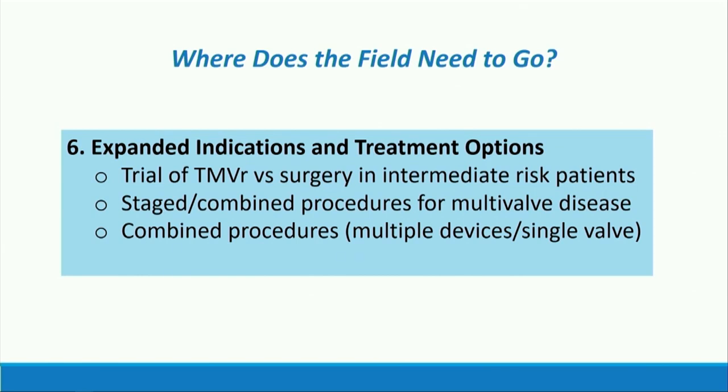So in other words, TAVR for aortic stenosis and a MitraClip for mitral, either in the same setting or, more commonly, and what will be done in the near future, as a staged approach. And we will eventually see combined procedures of using multiple devices in a single valve. So a transcatheter chordal replacement and an annuloplasty band, or a MitraClip and a Millipede.